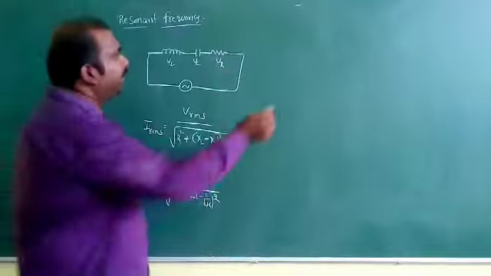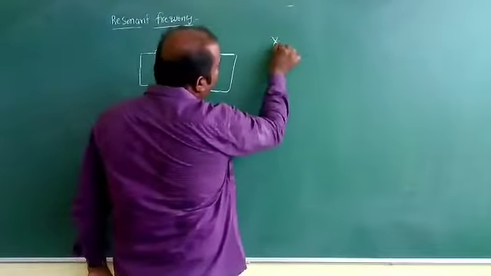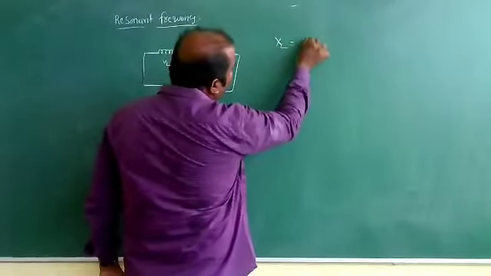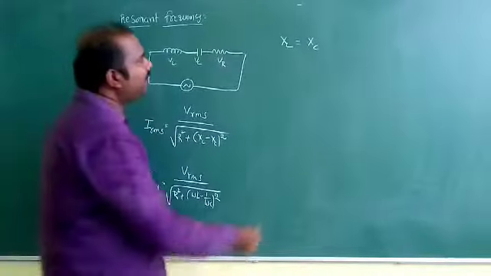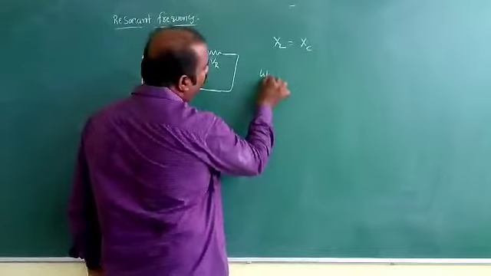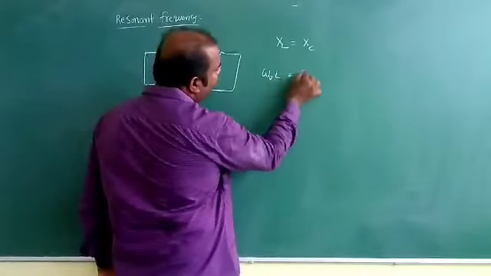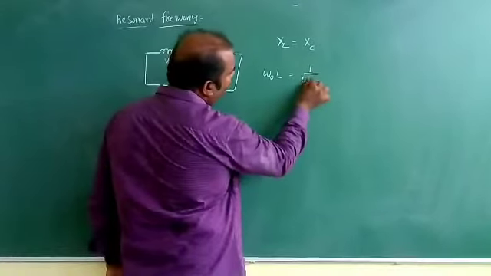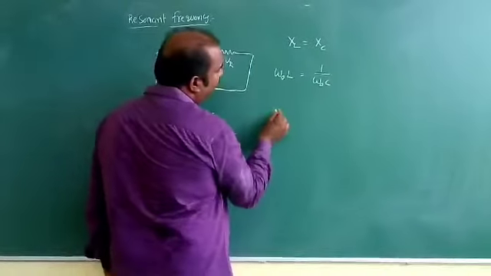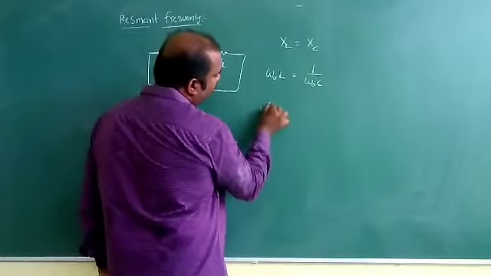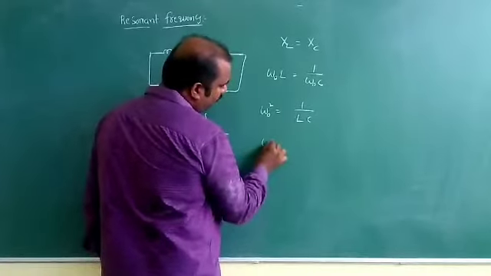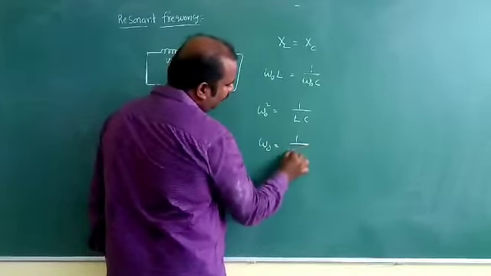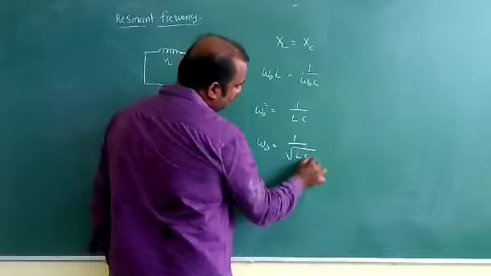At that condition, XL and XC are both equal. What is the XL value? Omega naught L. What is the XC value? 1 by omega naught C. If I cross multiply, omega naught square is equal to 1 by LC, and omega naught is equal to 1 by square root of LC.